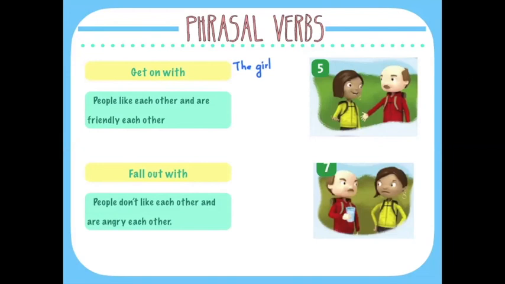But you don't use get in because this is present continuous and you don't use the verb to be. Try to say it in present simple. The girl get on with the man with a red jacket. Gets on with the man, for example.